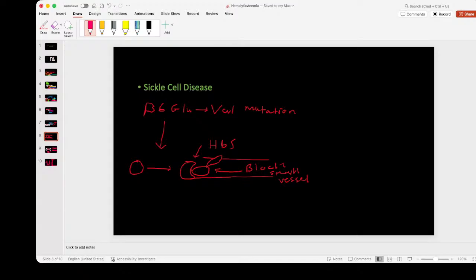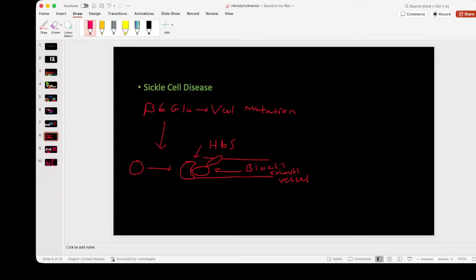Sickle cell disease is basically just a genetic mutation. Glutamate is supposed to, when glutamate converts to valine, there's a mutation, and then that leads to a crescent shape of the red blood cell.